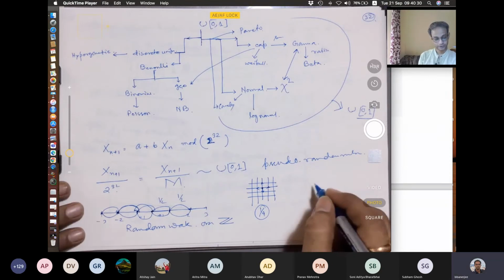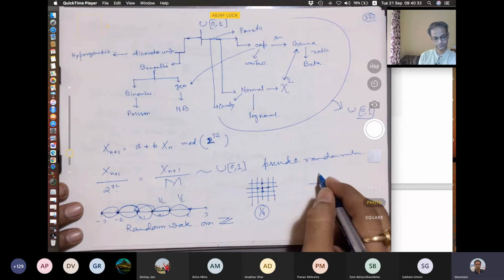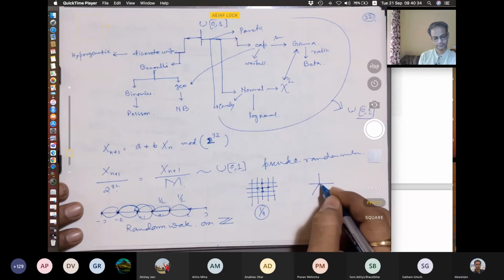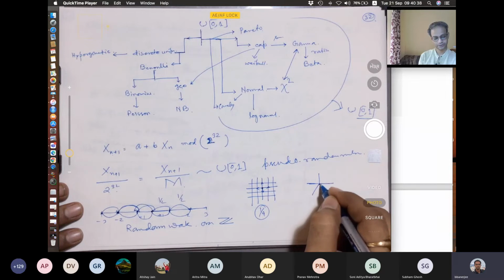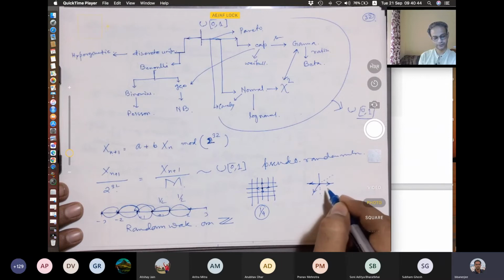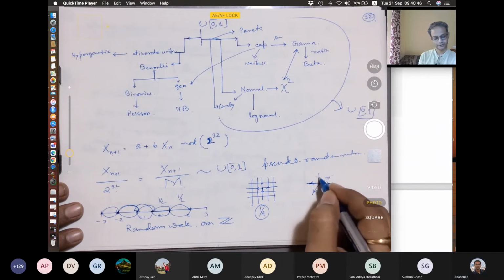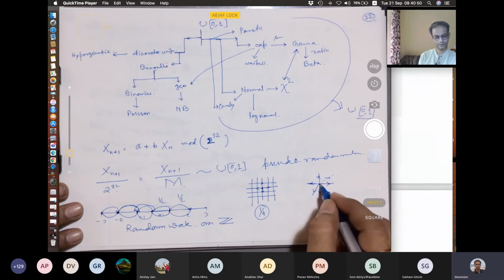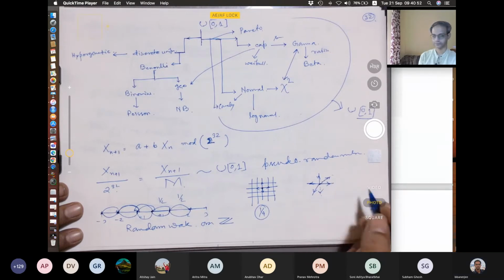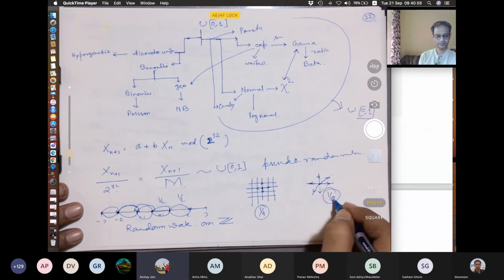Now, if you go for 3 dimensions, this way, this way, this way, this way. What will be the equal probability for each of the directions? 1/6.